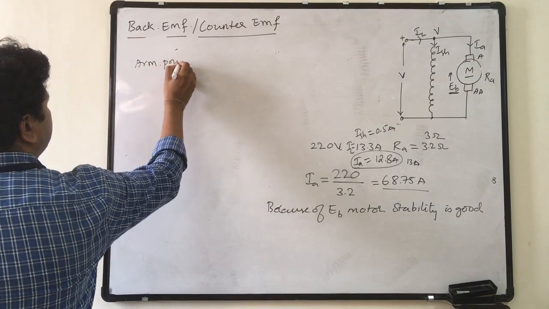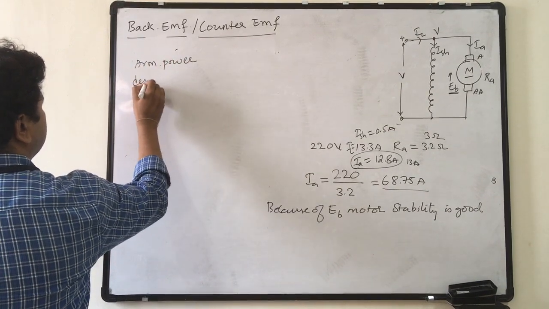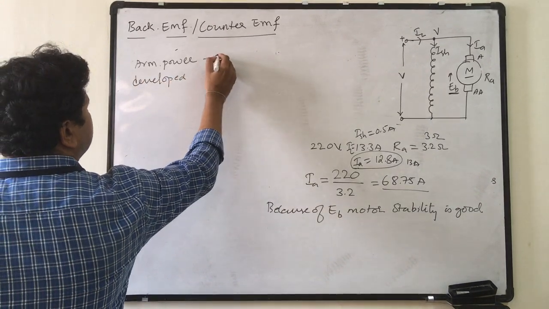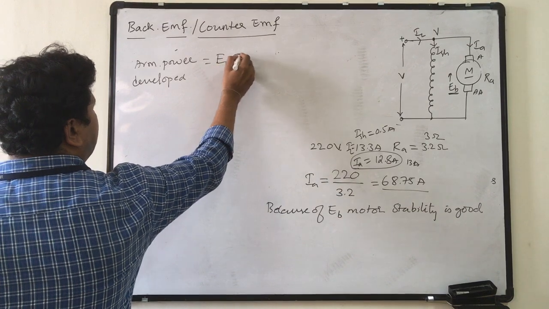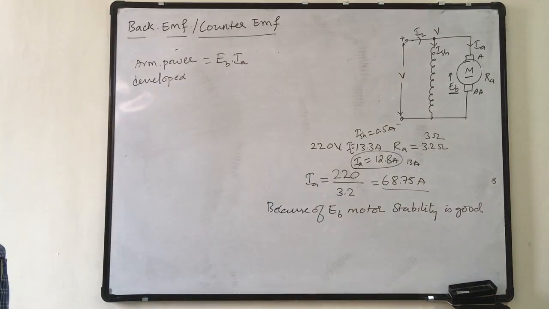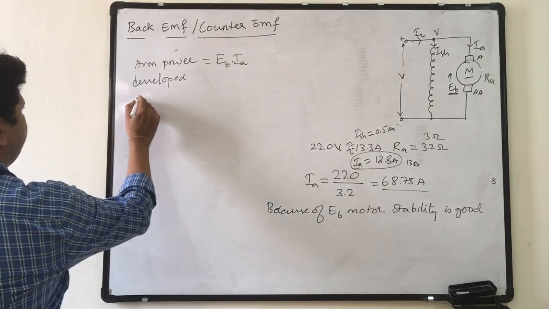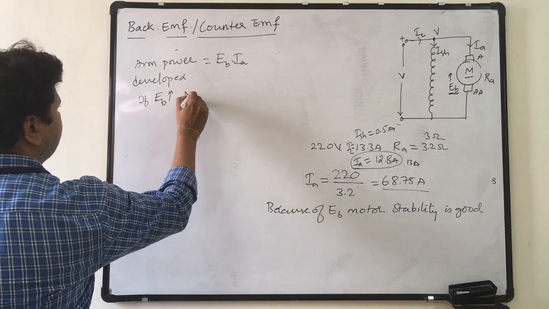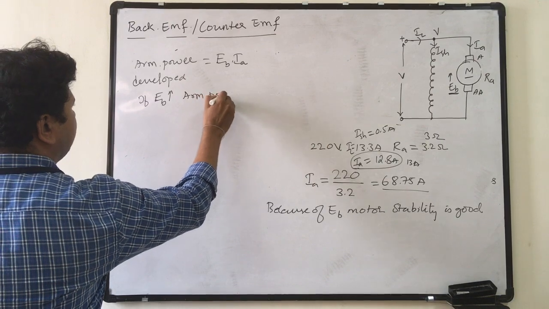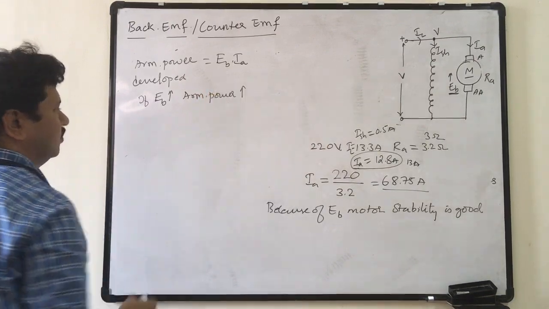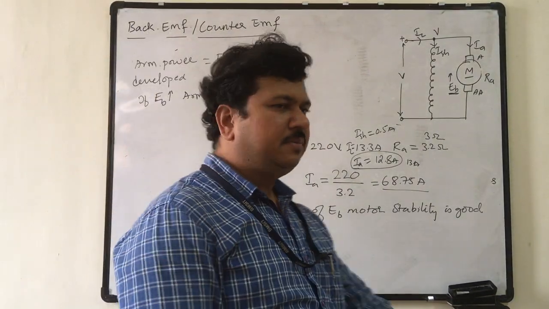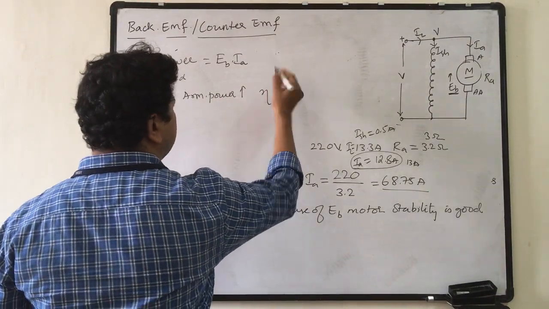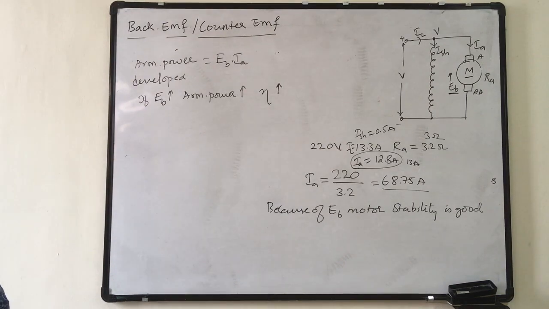Armature power developed is EB into Ia. If back EMF is more, armature power is also more. If armature power is more, the efficiency of the motor is more.